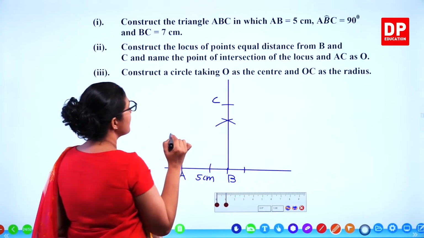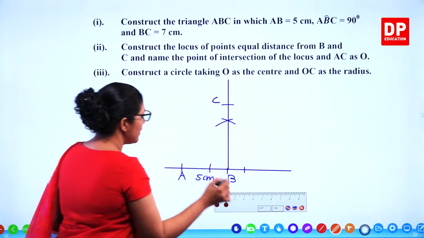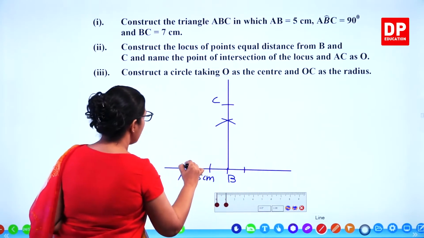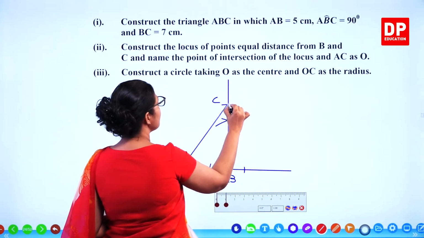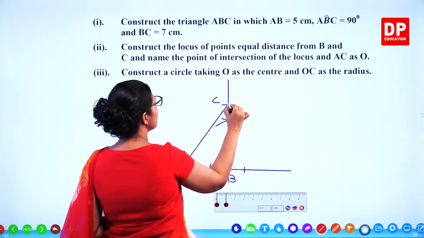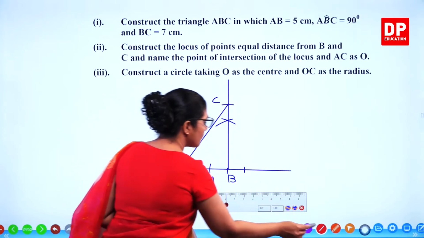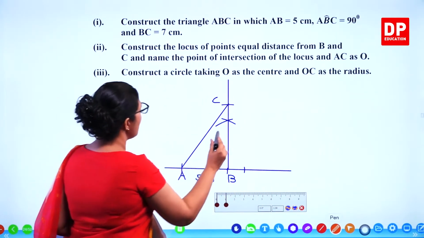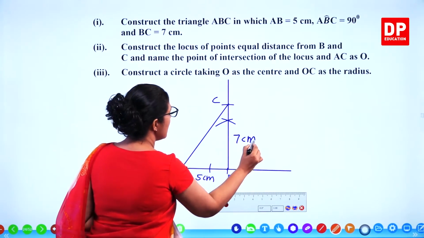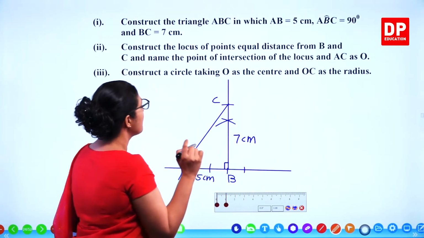This is C. Now you can connect the A and C point. That's the ABC triangle. So we'll mark the value. So this is 7 centimeters and this is 90 degrees.